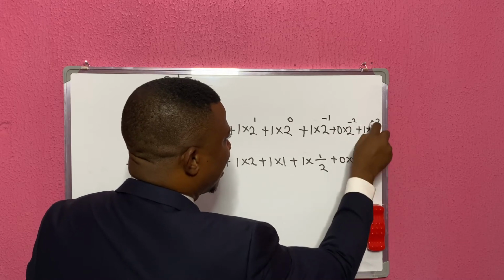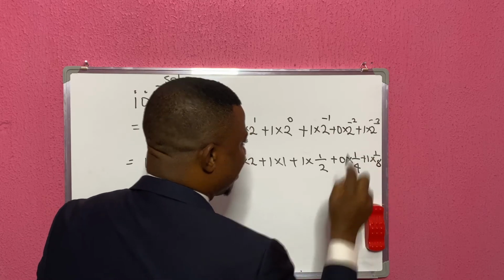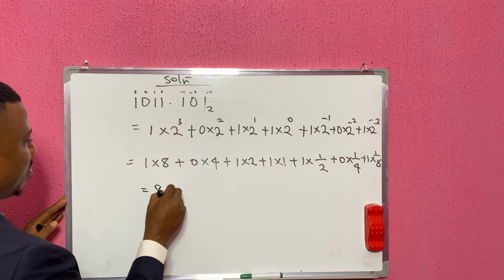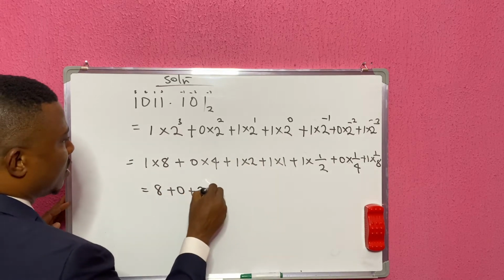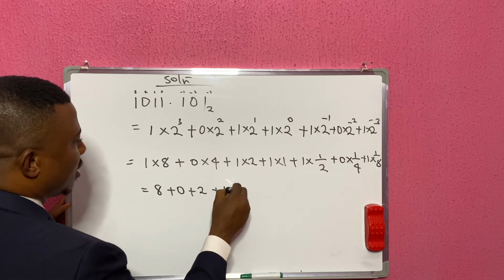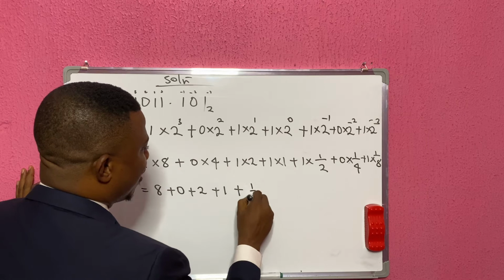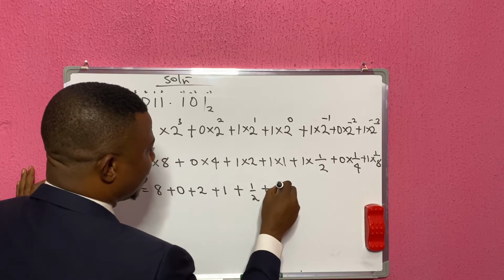2 power 3, which will give you 8. 1 times 8 is 8. Plus 0 times 4 is 0, plus 1 times 2 is 2, plus 1 times 1 is 1, plus 1 times 1 over 2, plus 0 times 1 over 4 is 0, so it's gone.